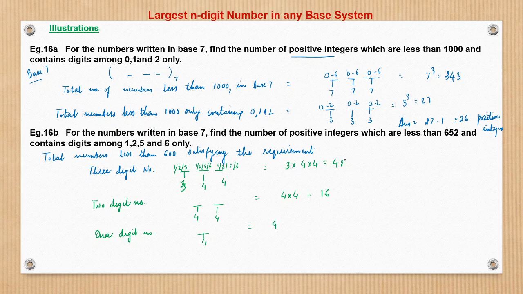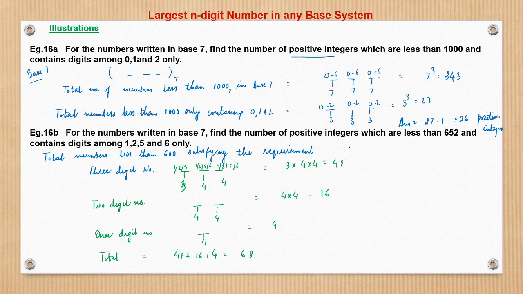So the total becomes 48 plus 16 plus 4, which is 68. So 68 numbers are less than 600 and consist of only 1, 2, 5 and 6 as digits.